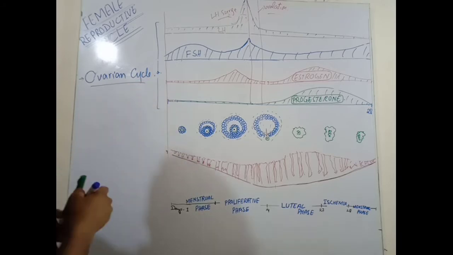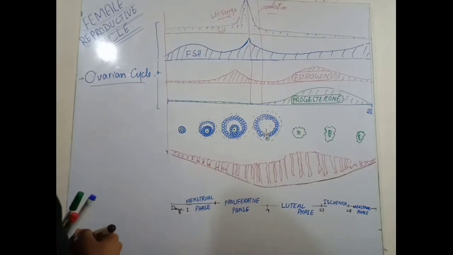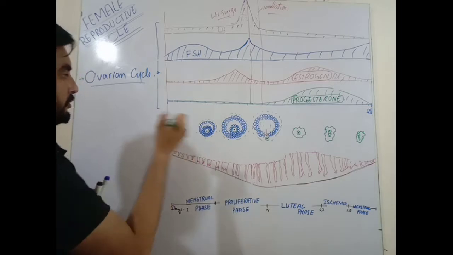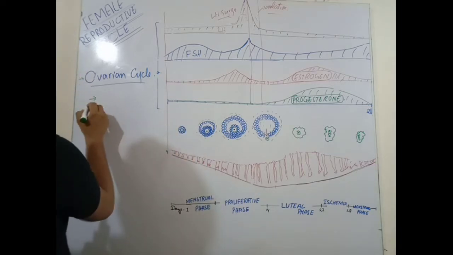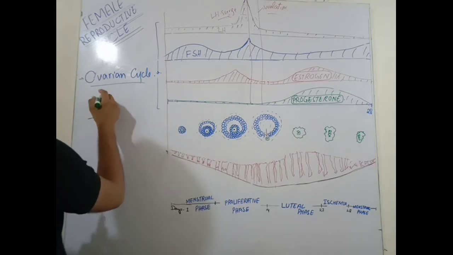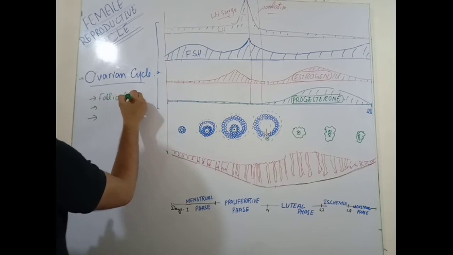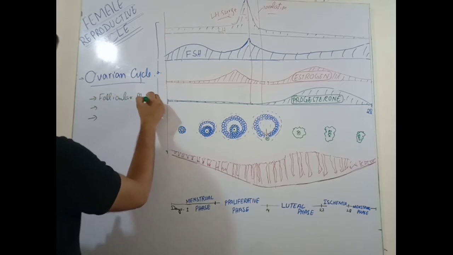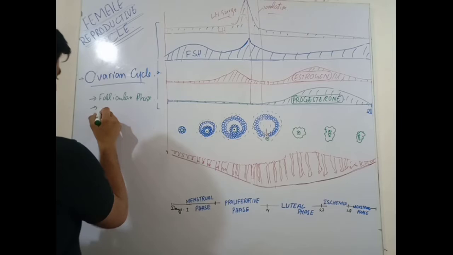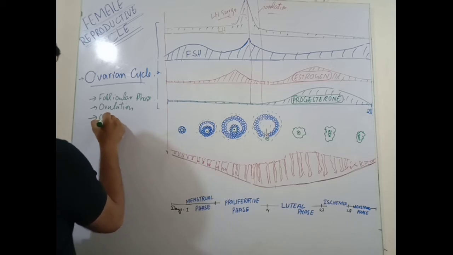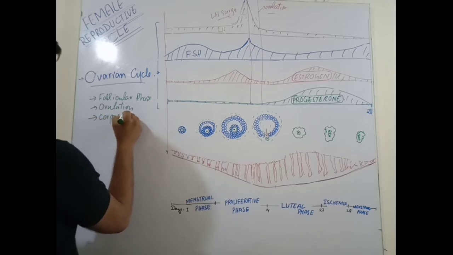The ovarian cycle is the cyclic events that occur in the ovary in the development of follicles, containing three phases. The first one is the follicular phase, the second one is ovulation, and the third one is corpus luteum formation.